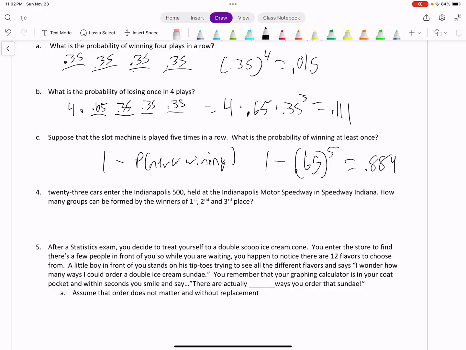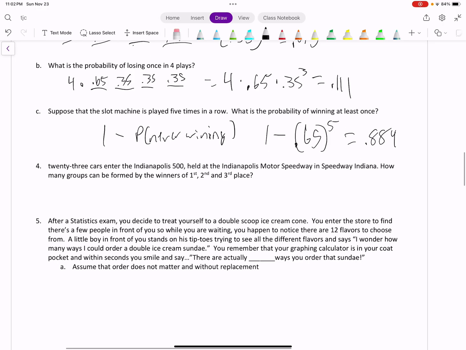So when you have selection without replacement, where order matters, this is permutation. So we're doing 23P3. Okay, and I'll enter that into a calculator. And we get 10,626 different ways of winning first, second, and 3rd place.